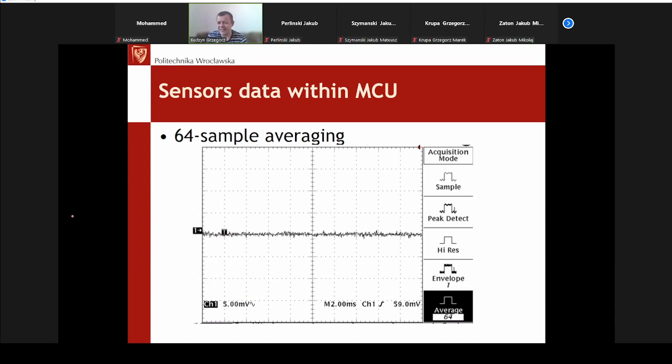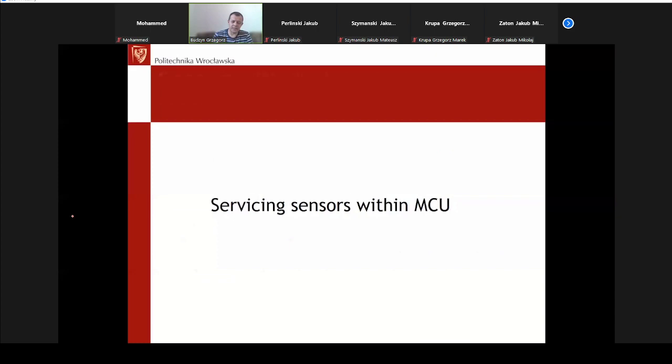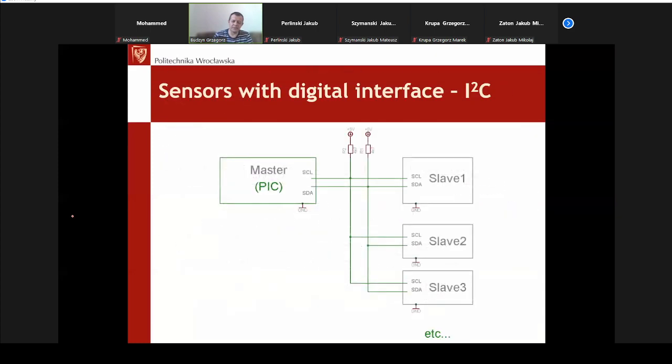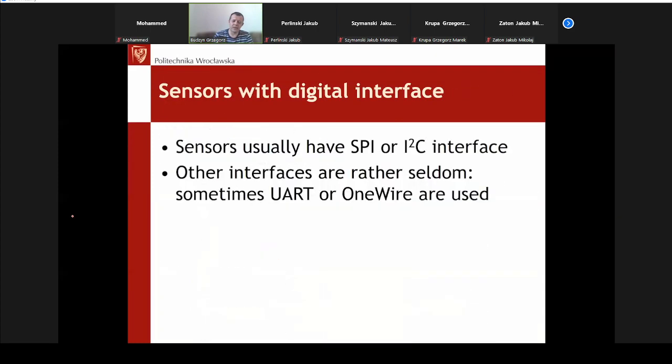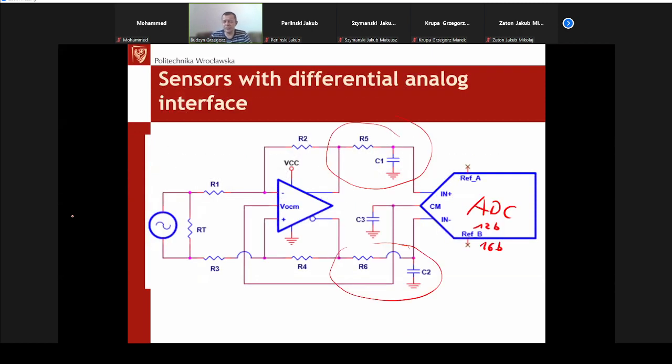Yet we always get down to the resolution of the ADC conversion, which means that the quality of the analog side is definitely non-negligible. Which means that when you are interfacing sensors to a microcontroller, proper signal conditioning is vital.